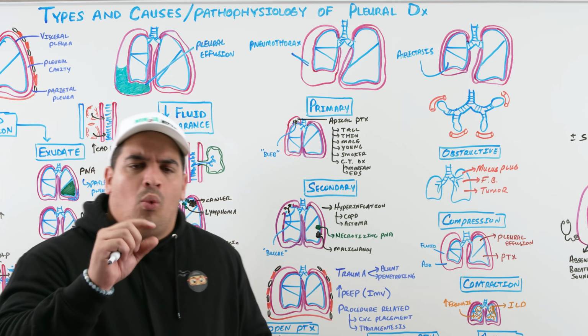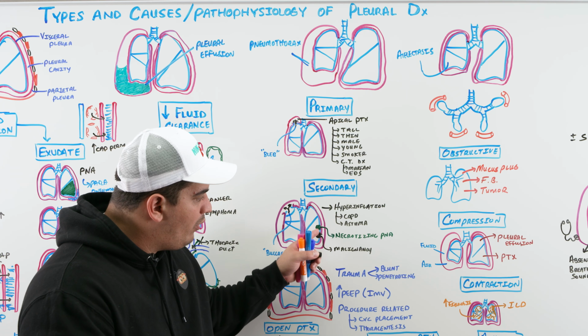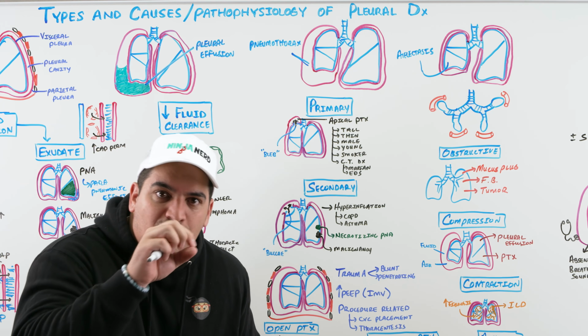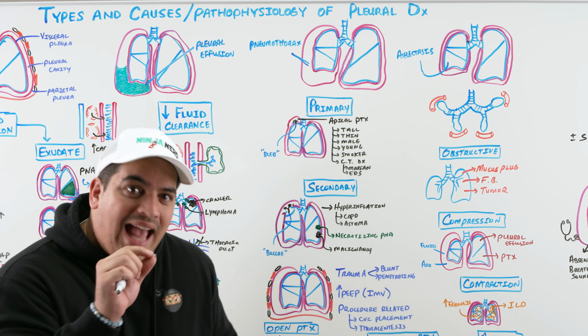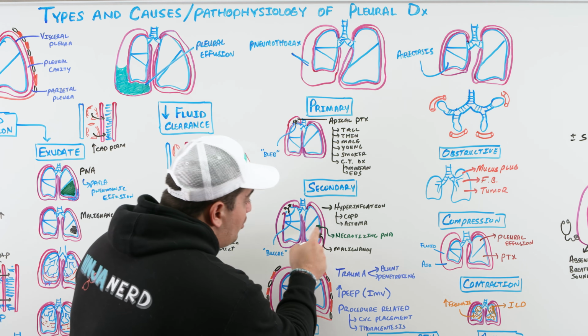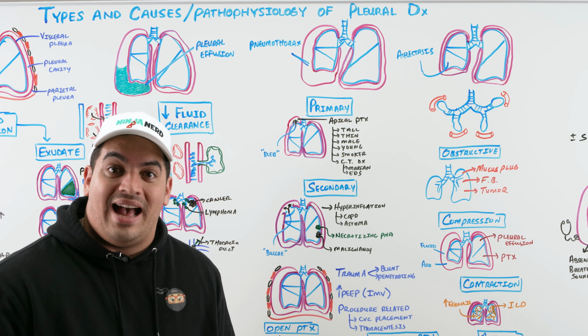Another one is, what if you have some type of disease process that's near the pleura, it's involving the lung parenchyma that's near the pleura, and it's an infectious process that's eating and chewing away at the tissue, and it happens to chew just close enough to where it gets to the visceral pleura, chews through it and creates an opportunity for air to enter from the lung parenchyma right into the pleural cavity.